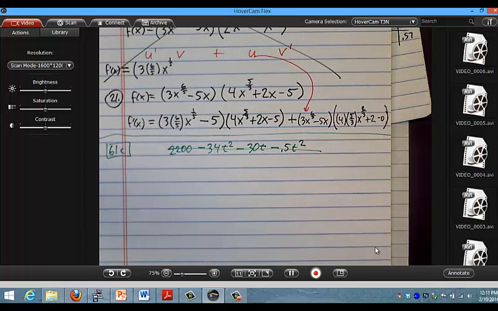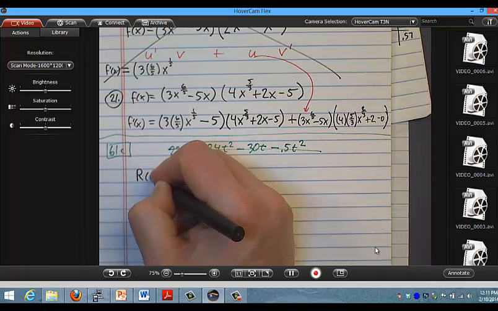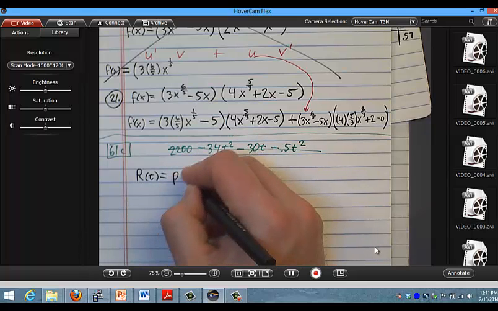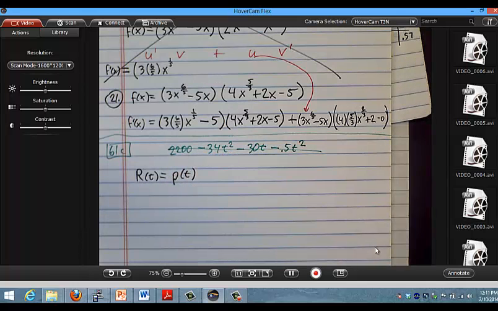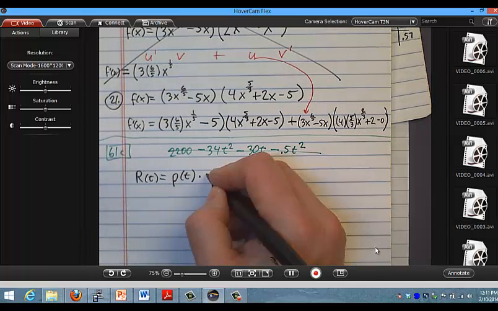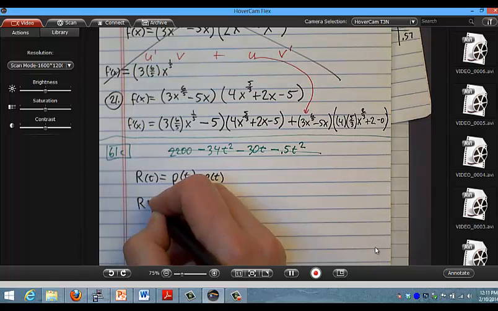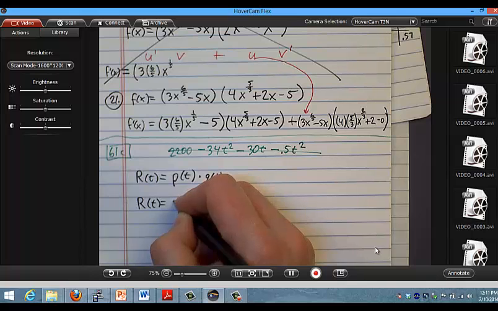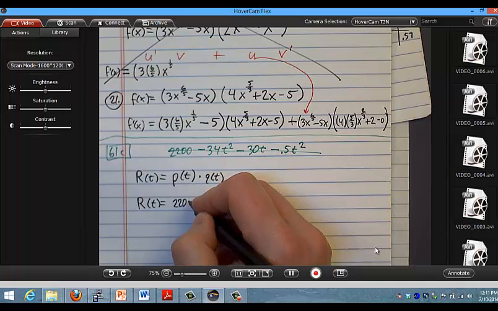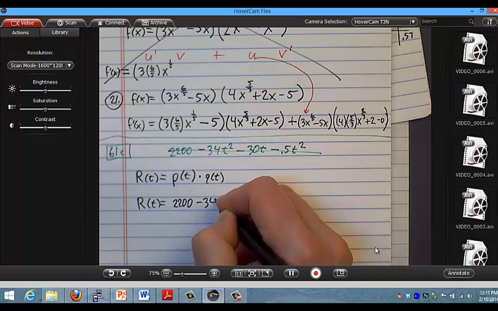What do we usually do? Revenue is going to be the price, which they gave me, times what? The quantity. And do they give you that? They give you Q of t, the quantity. And so, okay, so now I can do this. R of t is going to be 2200 minus 34t squared.